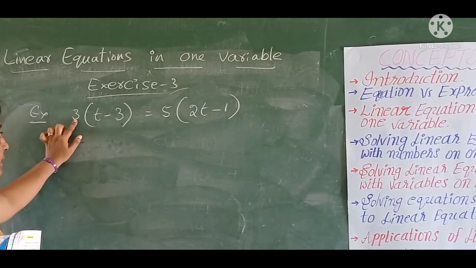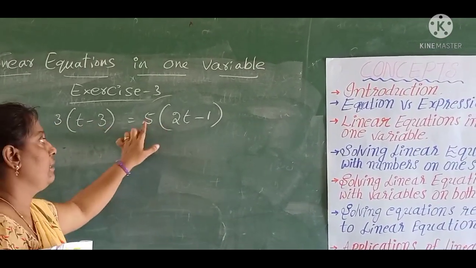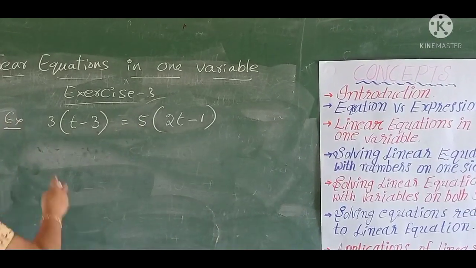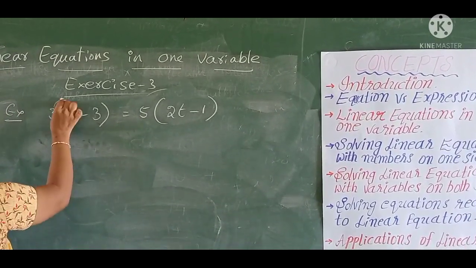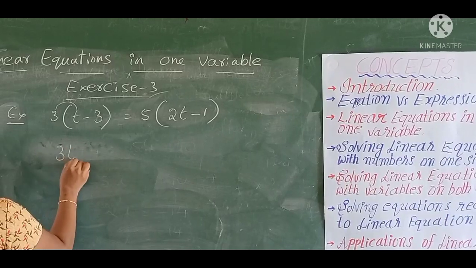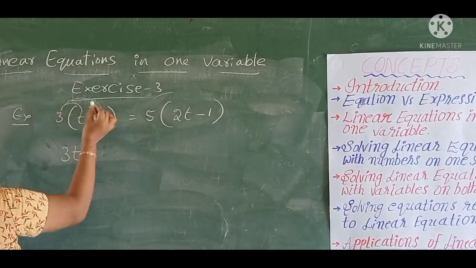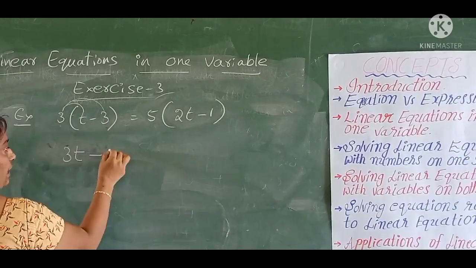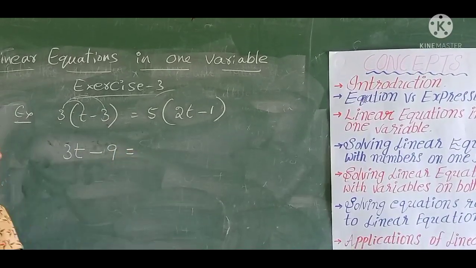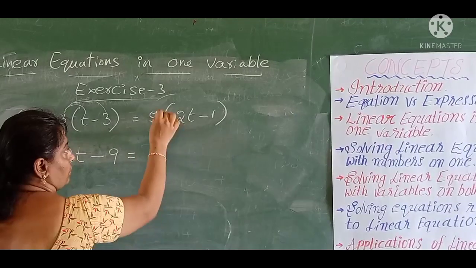By multiplying with 3 here and by multiplying with 5 here. Multiplying with 3: 3 into t, that is 3t, 3 threes are 9, is equal to 5 into 2t.